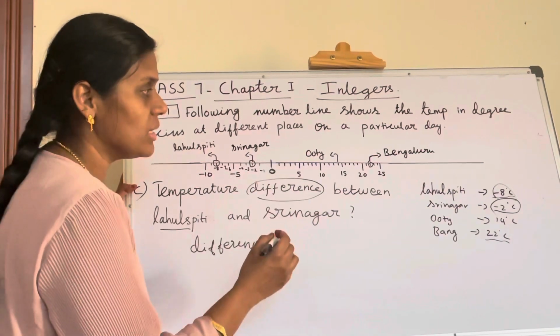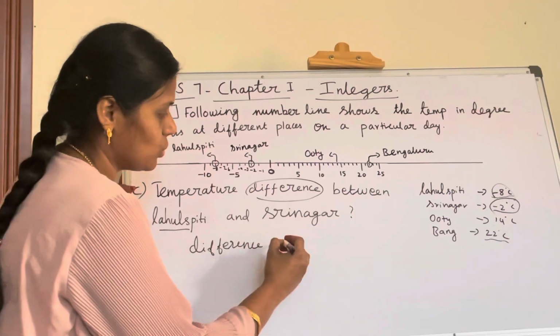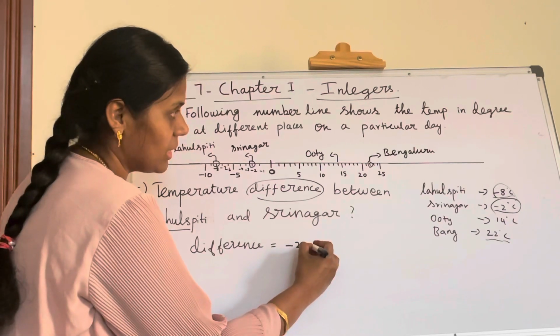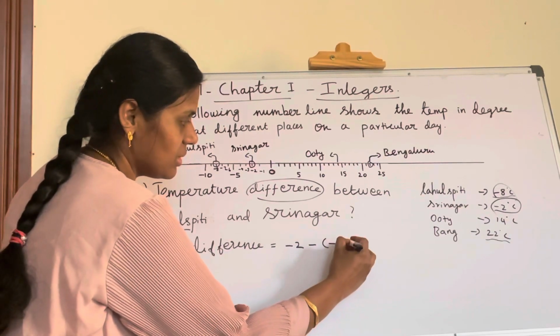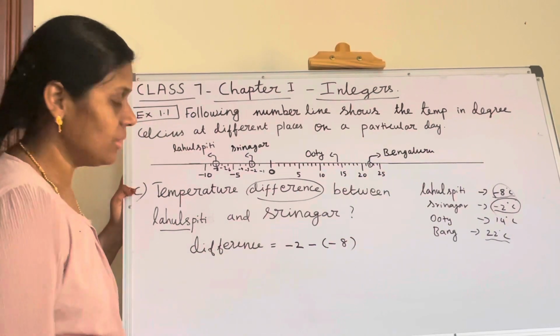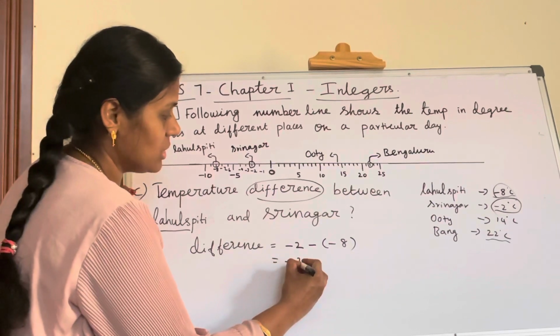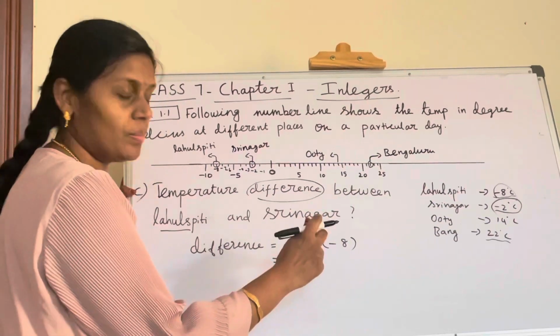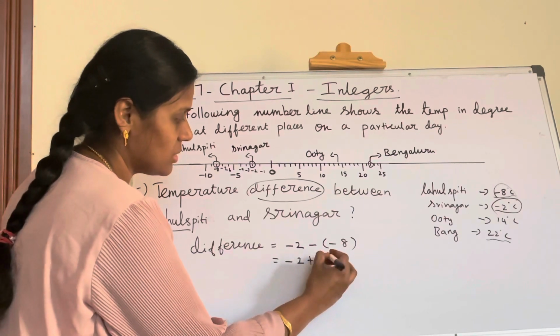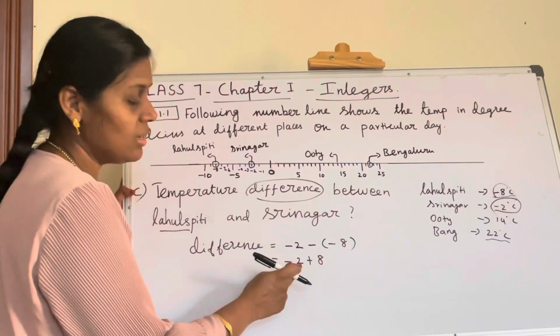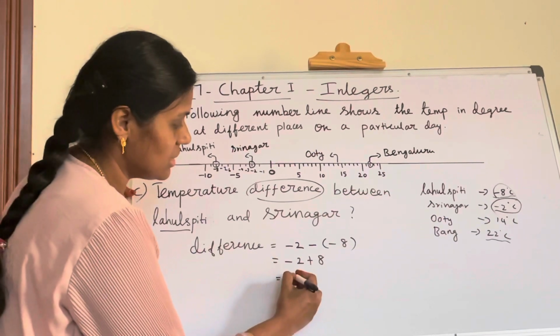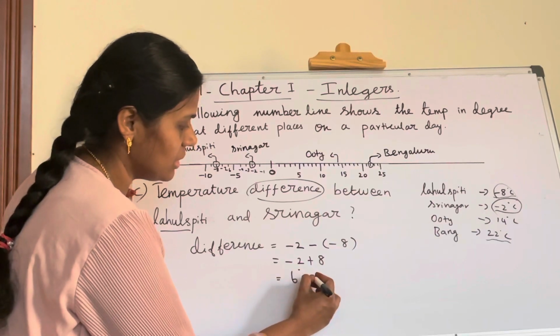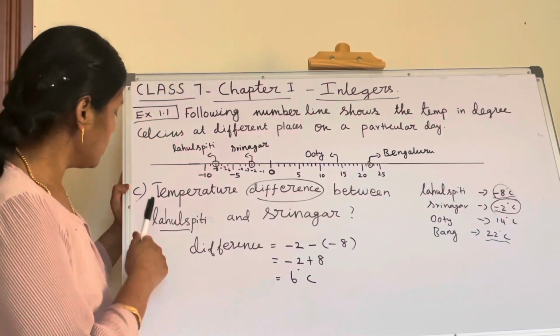So we have to subtract from -2. So -2 minus of -8. Understand? Now -2 minus of minus will be plus 8. So plus 8 and -2. The answer is plus 6 degree Celsius. That's all about part C.